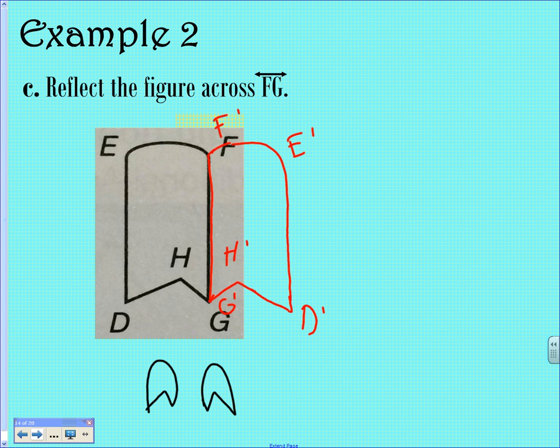Why not? FG is our line of reflection, so it has to actually touch FG. If you'd drawn it with separation in between, it would be marked wrong. Even if everything else looked great, even if you had traced the picture, it would still be wrong. Okay?